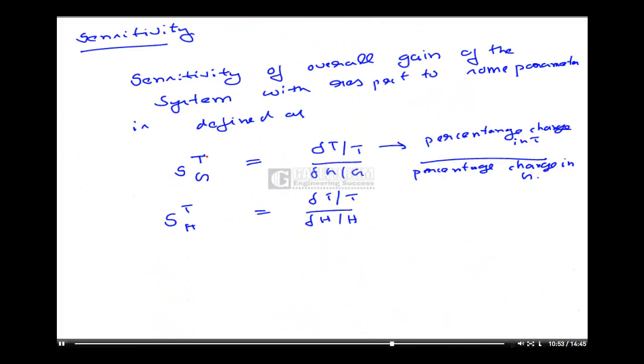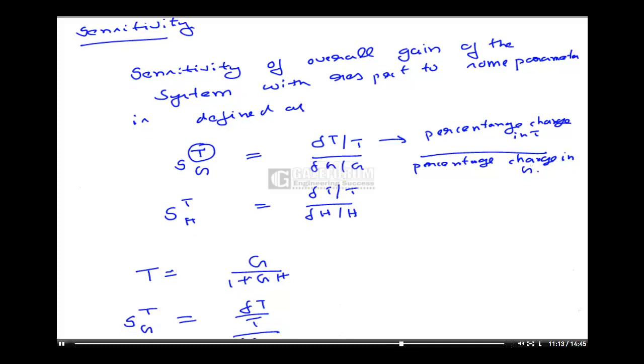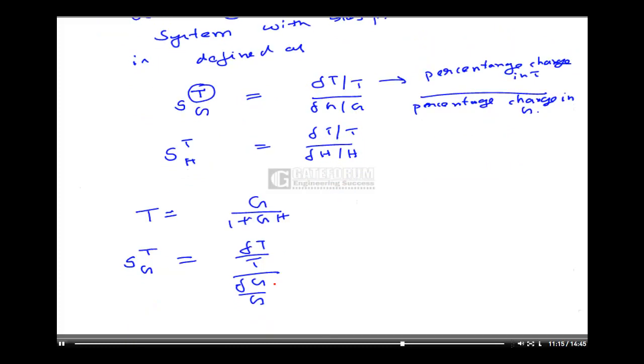Suppose the overall gain of a system is denoted by T. Let's suppose T equal to G upon 1 plus GH. Okay. Then sensitivity of T with respect to G is equal to delta T by T by delta G by G. Simple. So I can write this as delta T by delta G dot G by T. This is equal to 1 by 1 plus GH.